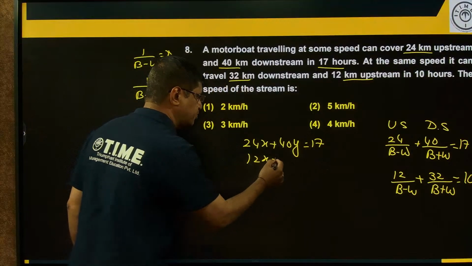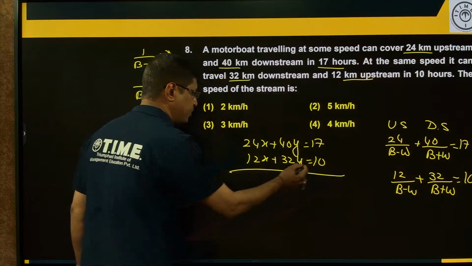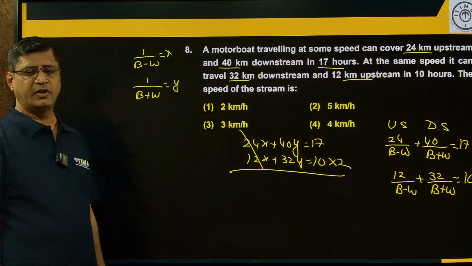Similarly, 12x plus 32y is equal to 10. Multiplying the second equation with 2, we get the y value.